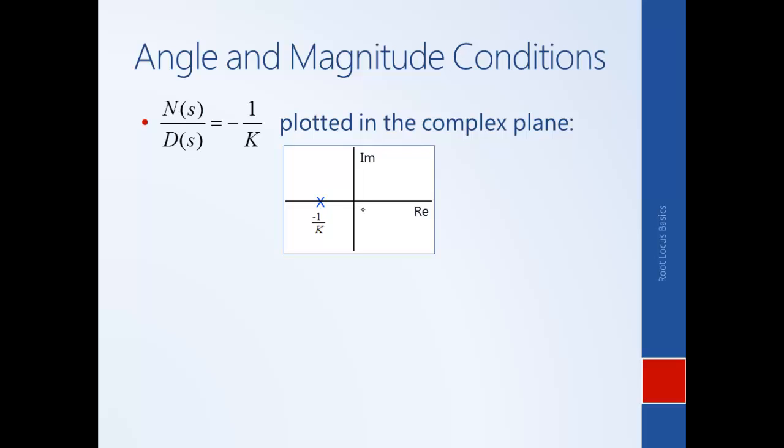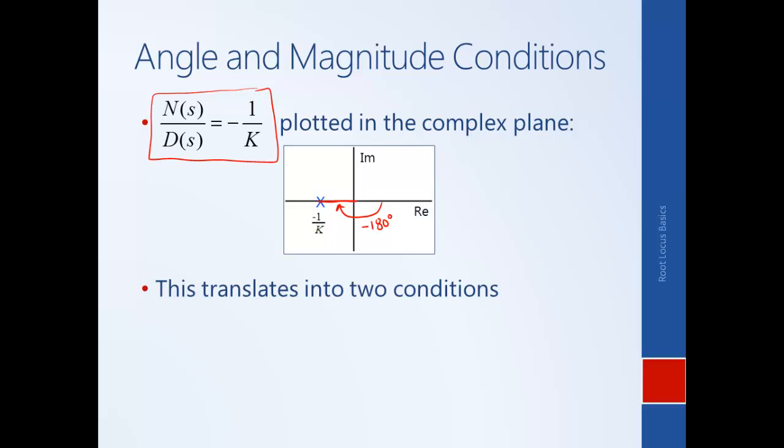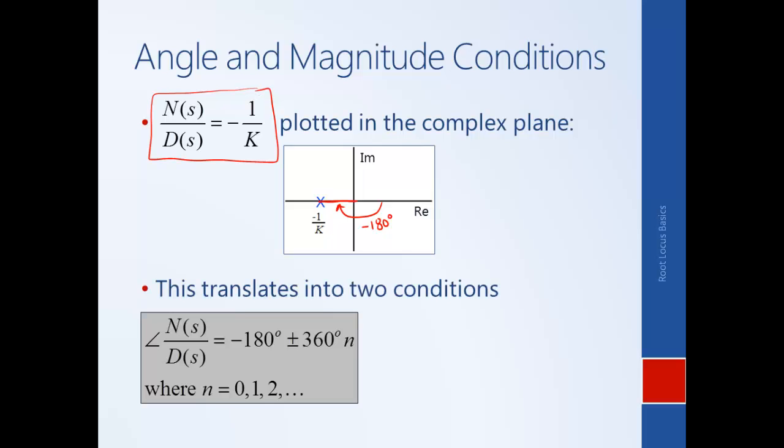So specifically, if we thought of this in polar coordinates, the angle of that complex number is equal to minus 180 degrees, where 0 degrees is in the positive x direction. And so taking this relationship here, we can split it up into two conditions. One is the angle condition.